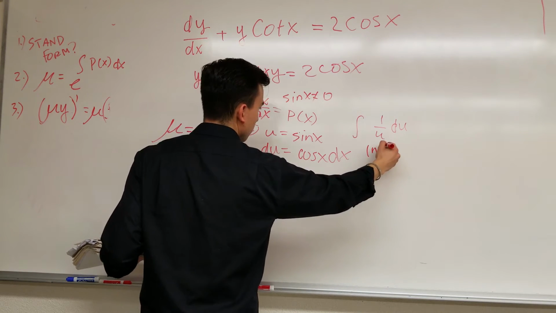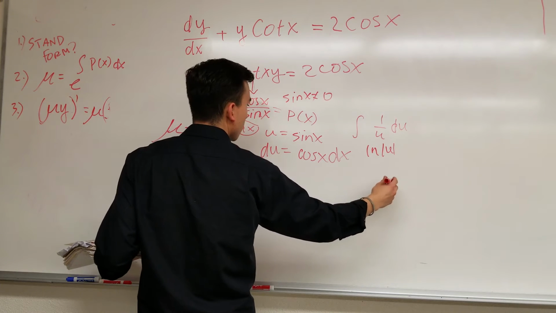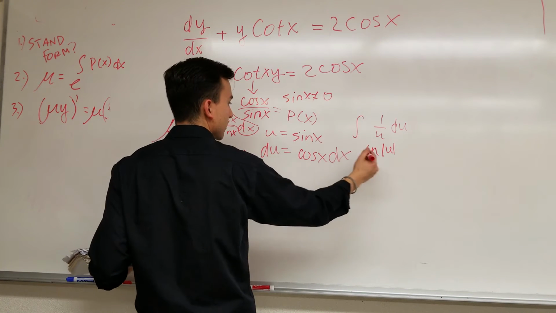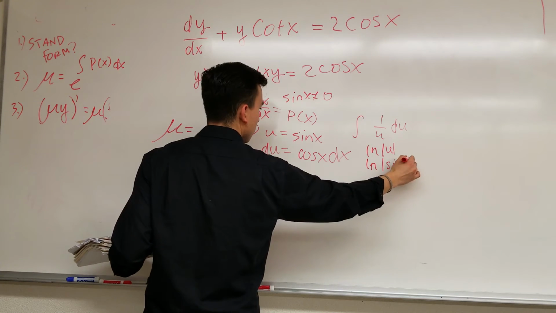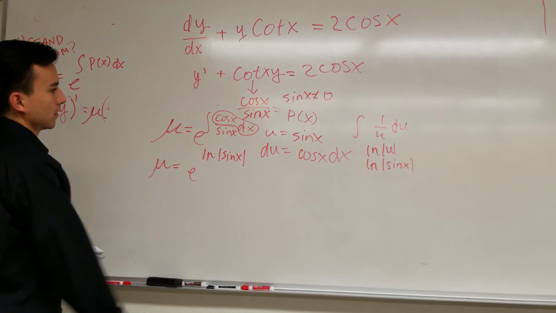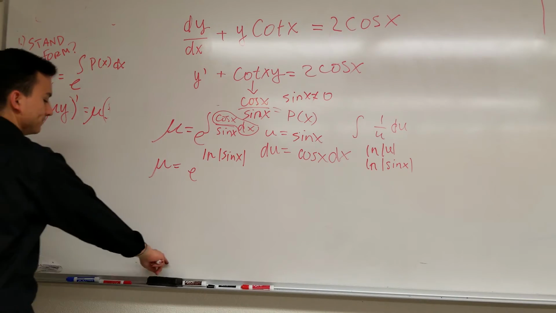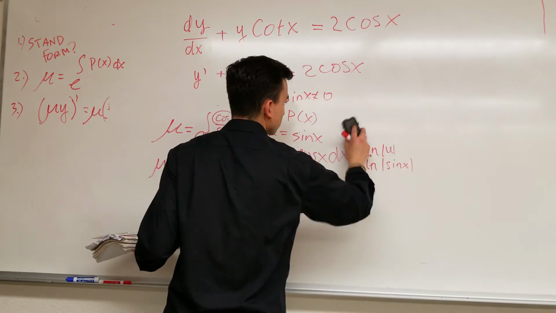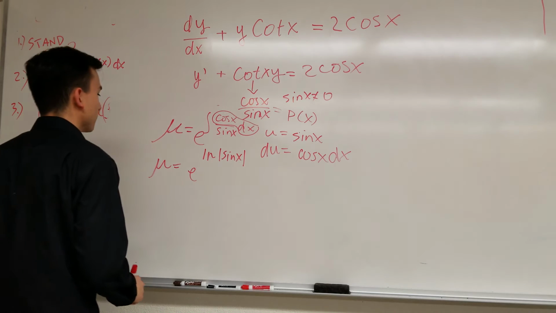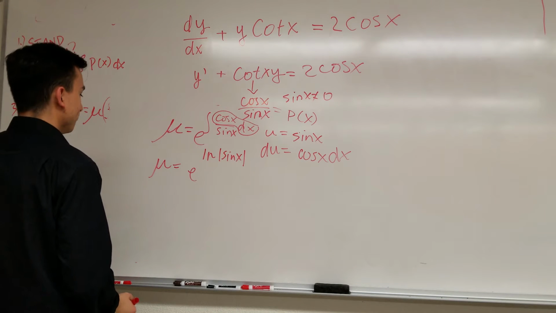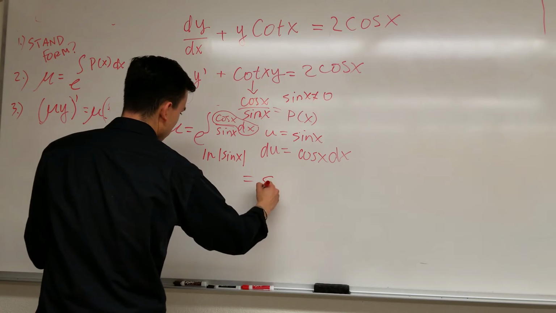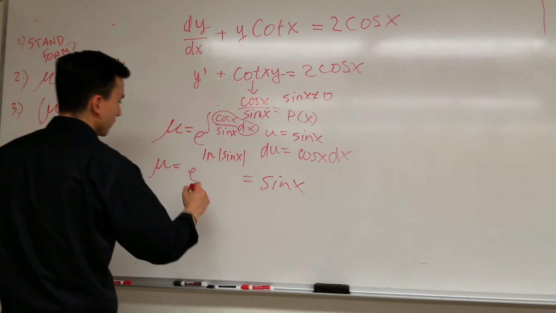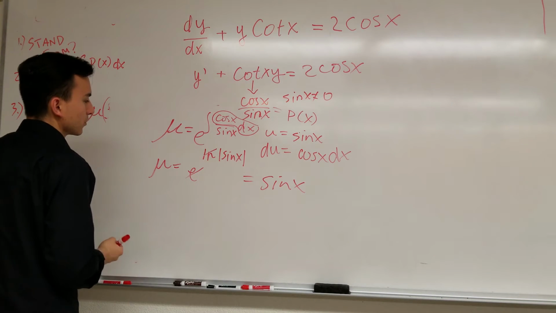That's simply natural log of u. And our u, again, was sine of x. So we have natural log of sine of x. Hopefully you got that. Well, now what we're left with is mu is equal to sine of x, because these will reduce each other.